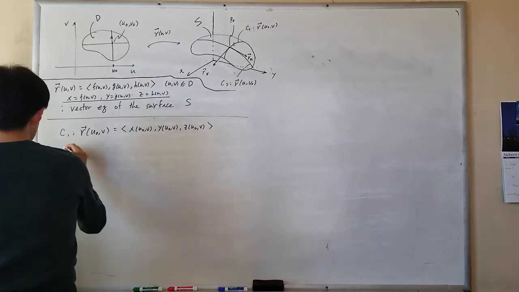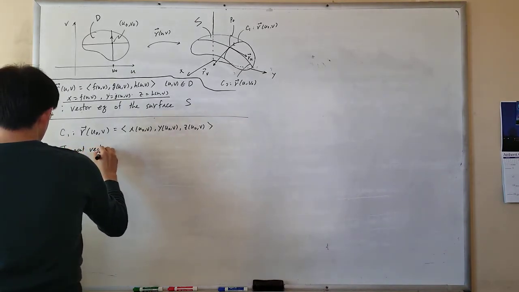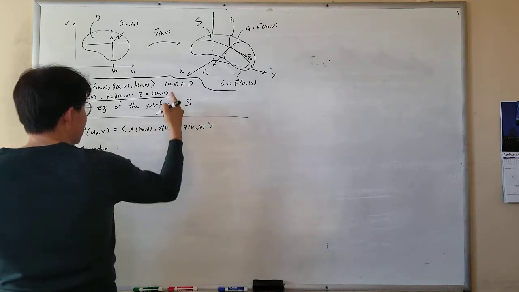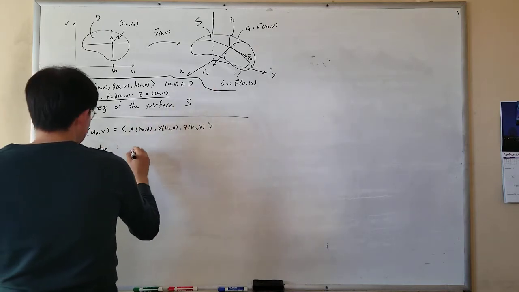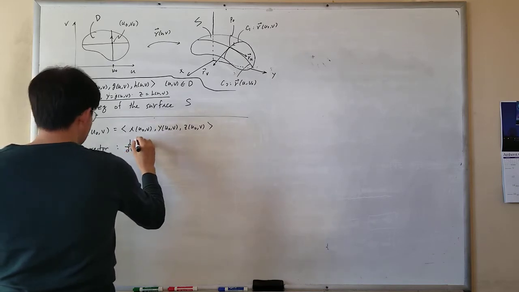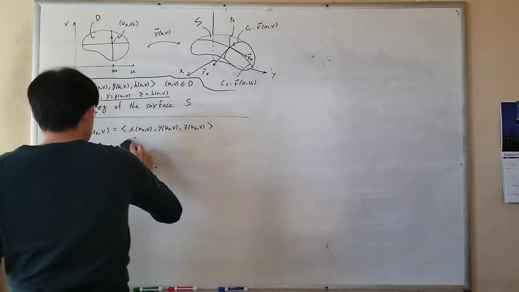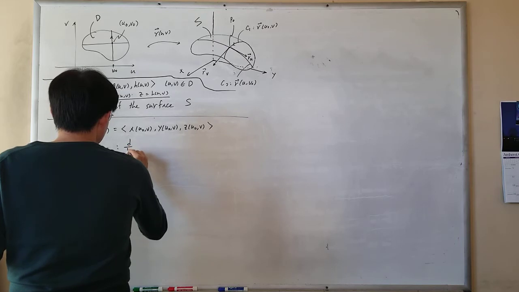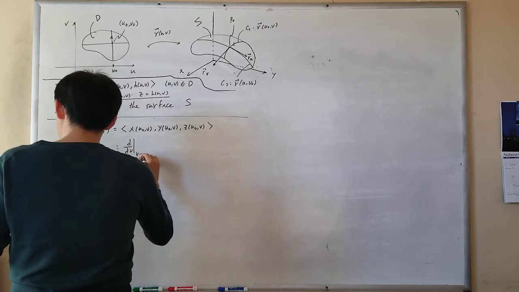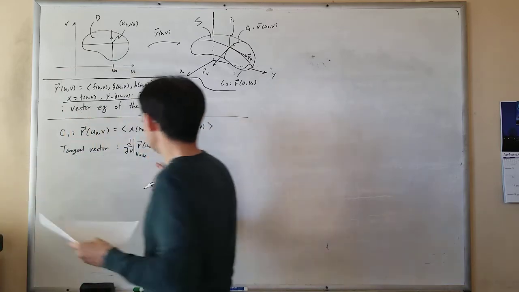Now we can consider the tangent vector to this C1 grid curve, that is the v derivative, right? The v derivative evaluated when v equals v0 of all these functions.